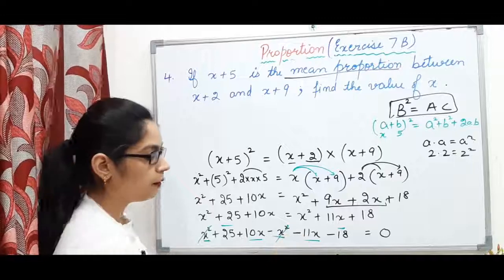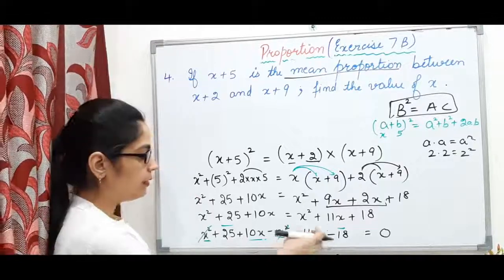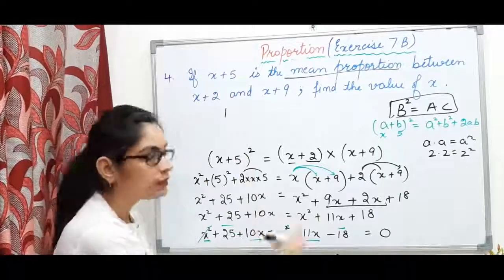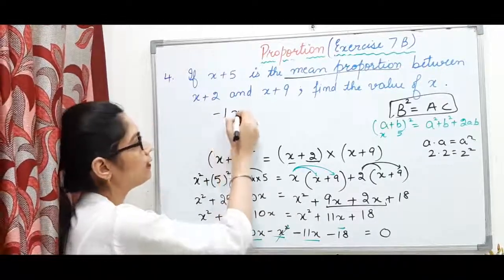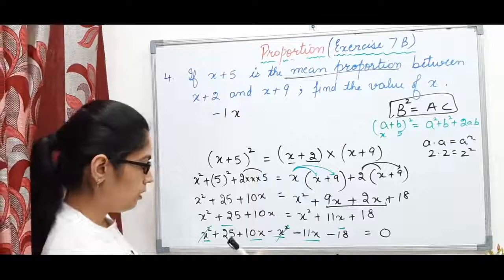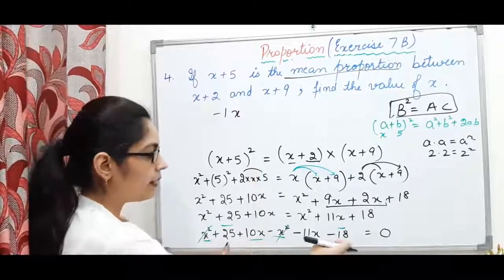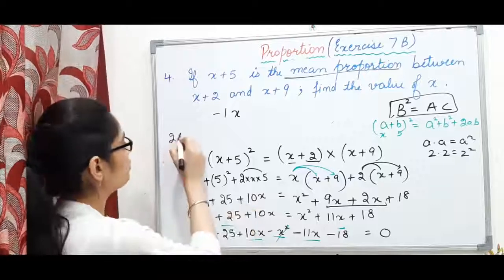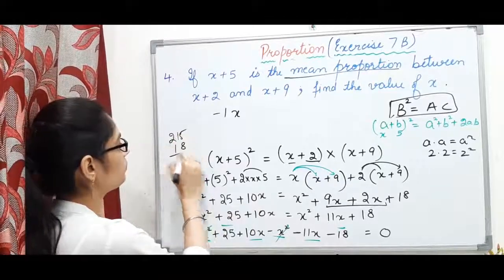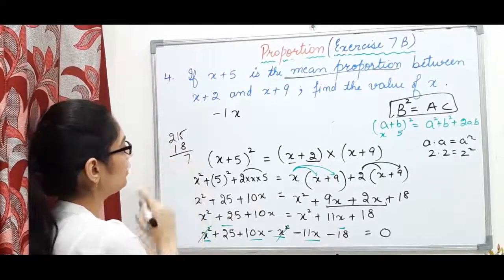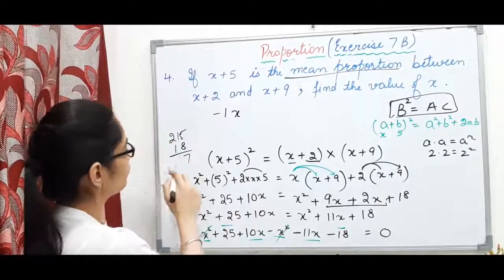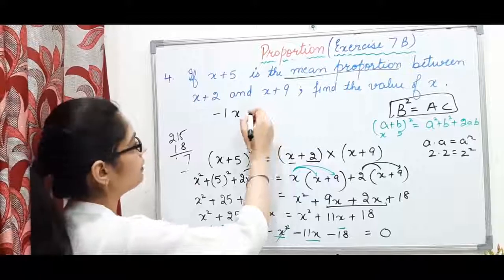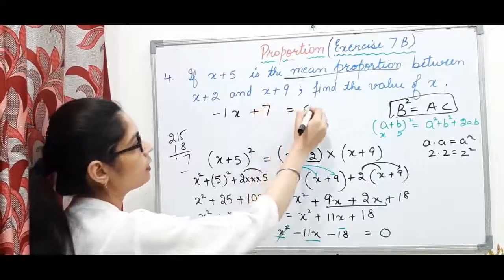So with bigger number, minus sign is there. So 11 minus 10 is 1, but with bigger number minus sign is there. So minus 1, x as it is we have to write. So this is done. 25 minus 18, we can just do the subtraction. So 15 minus 8 is 7, so 7 plus 7 we can write is equals to 0.